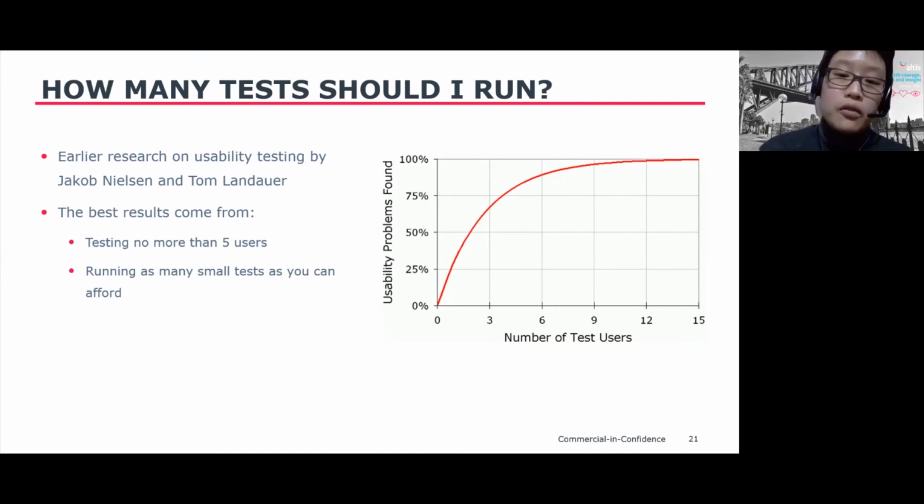So the rest of the 20% that are hidden along the way will be small design faults that might not be as important as the first 80%. And if you want a more accurate result, usually you run more tests to give you more results.